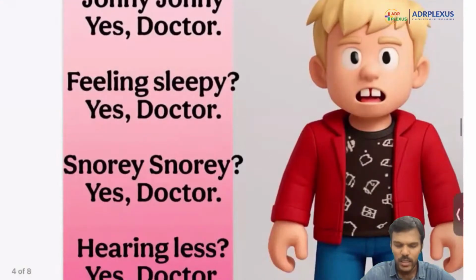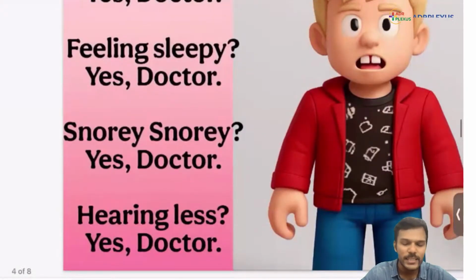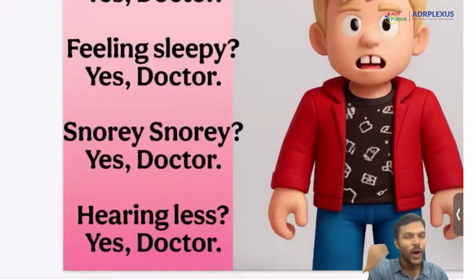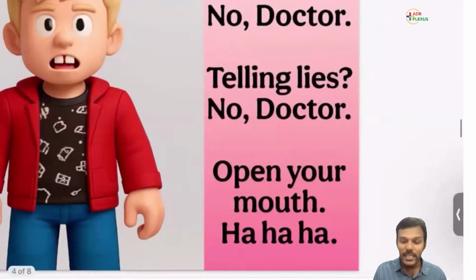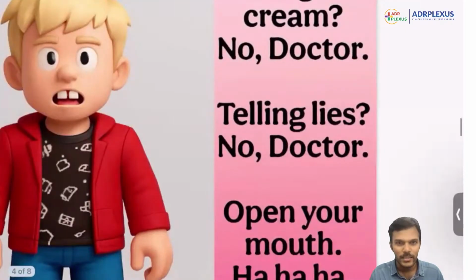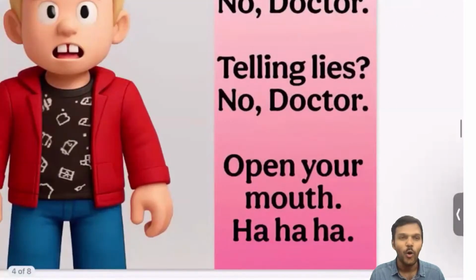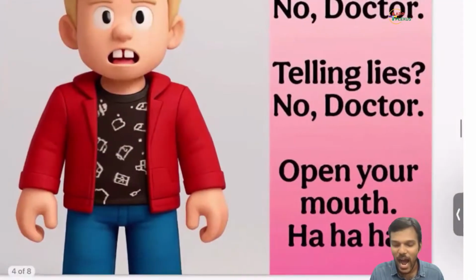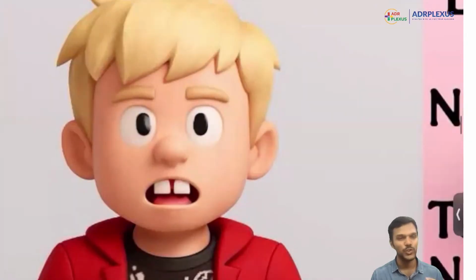Yes, doctor. Snoring? Yes, doctor. Hearing less? Yes, doctor. So I have asked leading questions to that kid in the form of nursery rhymes, and I started asking other questions. Eating ice cream? No, doctor. Telling lies? No, doctor. Open your mouth? Ha ha ha. So this is Johnny.